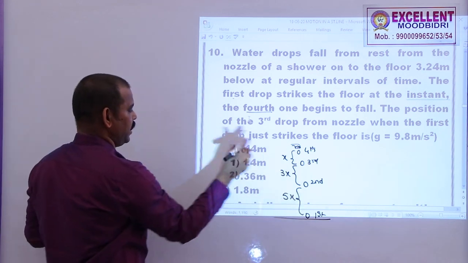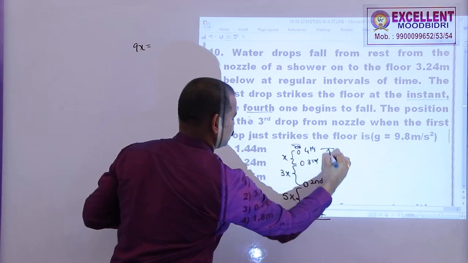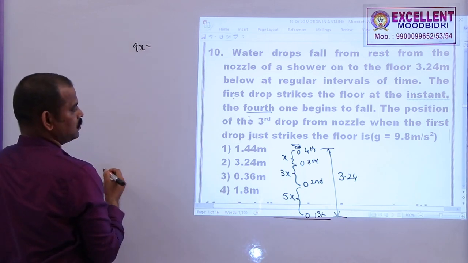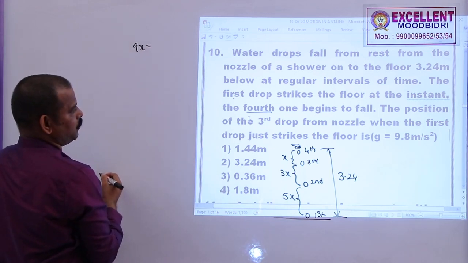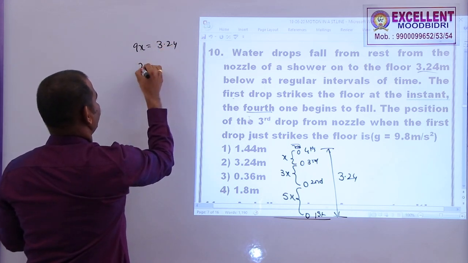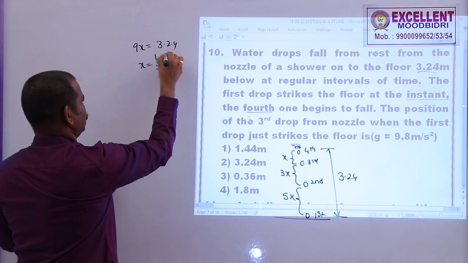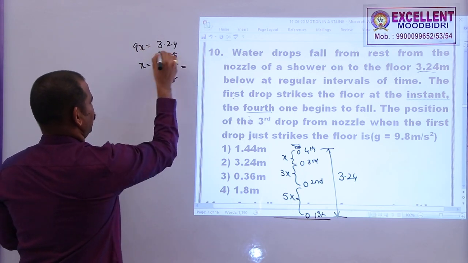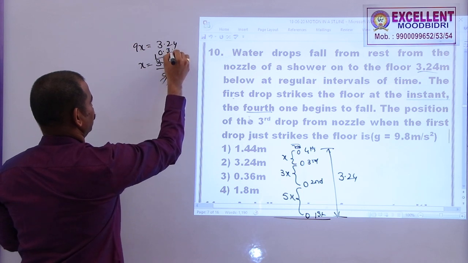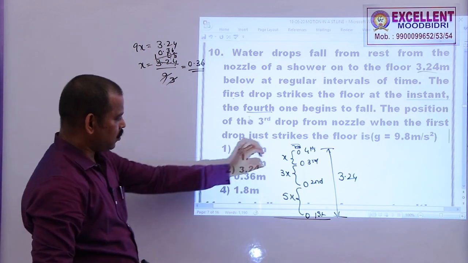So total 9x is equal to the height of the shower from the floor, which is given in the problem as 3.24. So x is equal to 3.24 by 9. Three 3s are 9, and cancelling, we get 0.36. That means x is equal to 0.36.